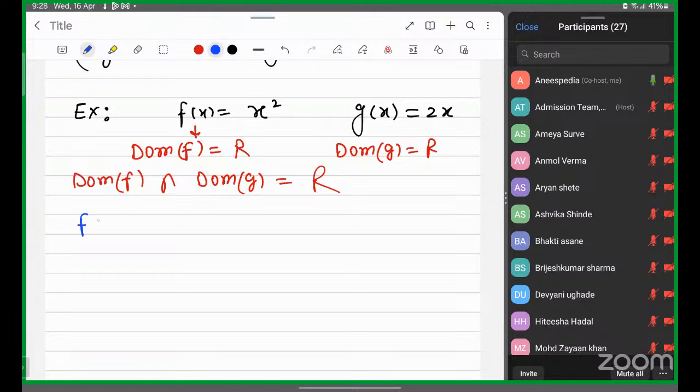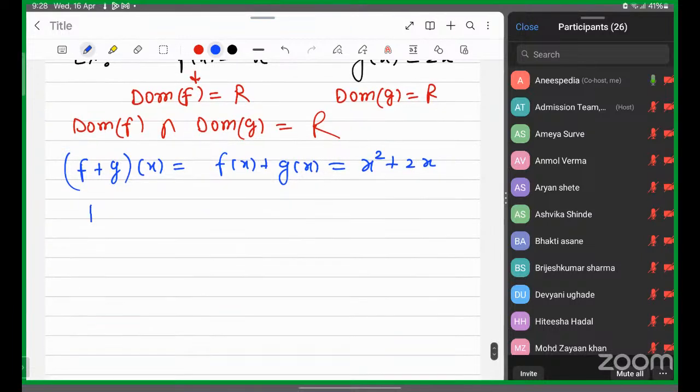So if you find f plus g of x, this will be f of x plus g of x, which means x square plus 2x. You are going to find f minus g of x. It can be written as f of x minus g of x, which will be x square minus 2x.